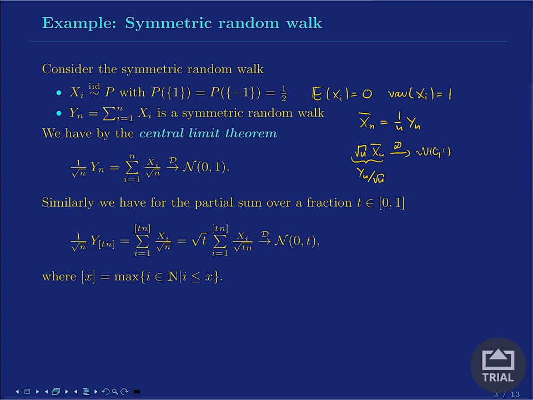So we have Y at square brackets tn being the sum from i equals 1 to square brackets tn, which is an integer, of the xi over square root n. So again, this, by the central limit theorem, converges to a normal distribution, but now with the variance of t.